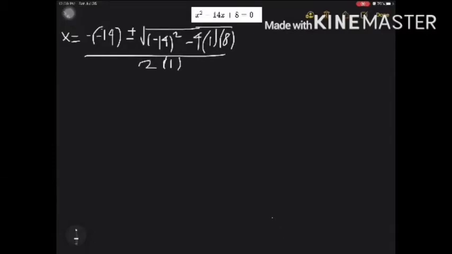So that is the formula that we're going to be using on this equation.